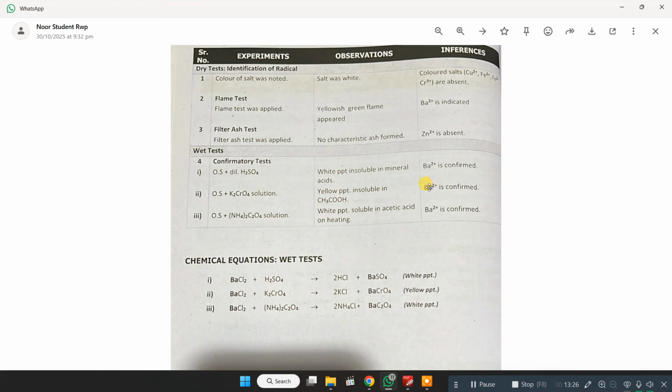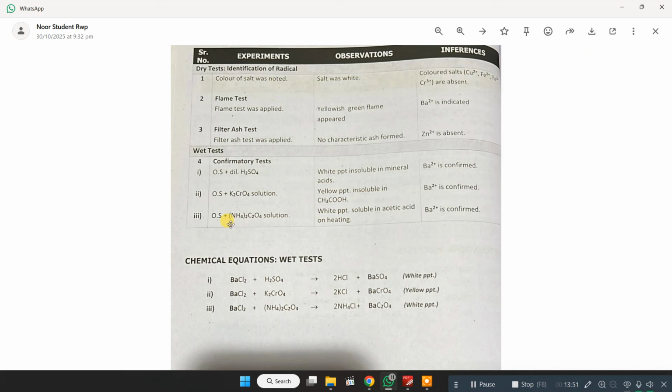One more thing I want you to realize is that the color of the yellow precipitate is consistent with the yellowish green flame as well. So you get the yellowish shades in the dry test, the flame, as well as in the wet test. So go ahead with this confirmation that barium plus 2 is present.